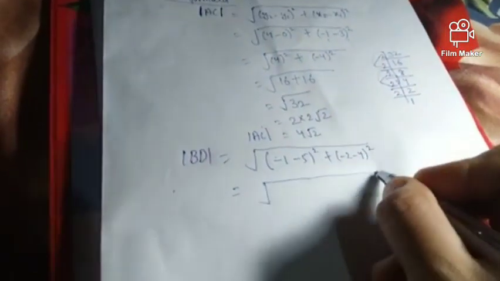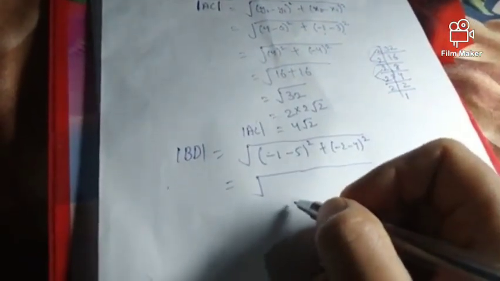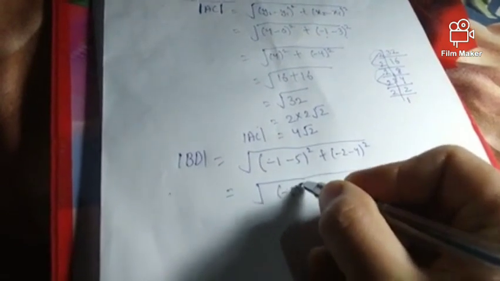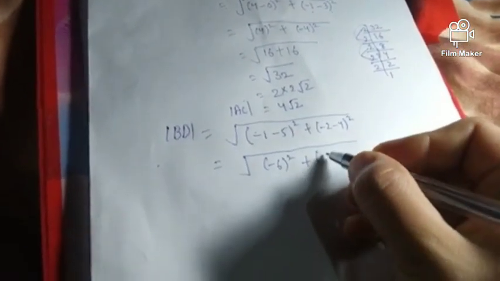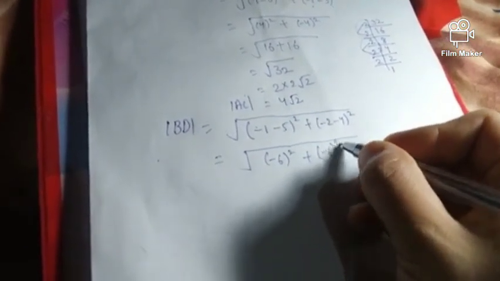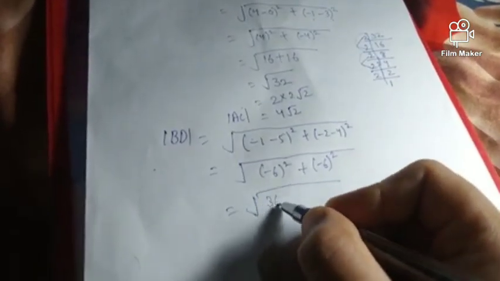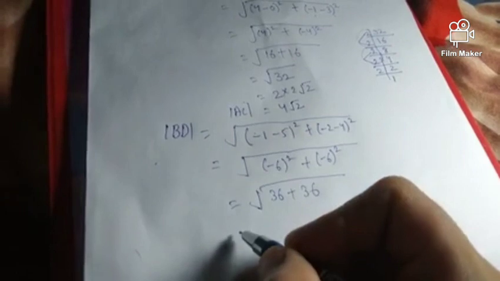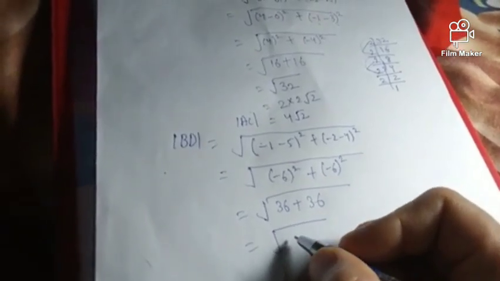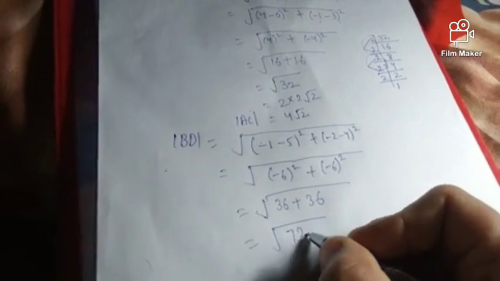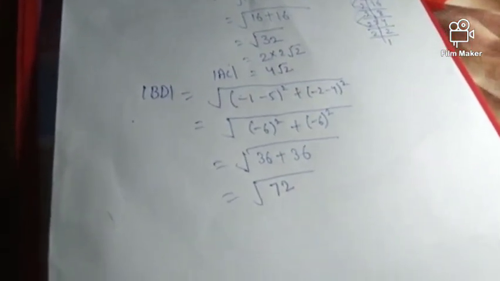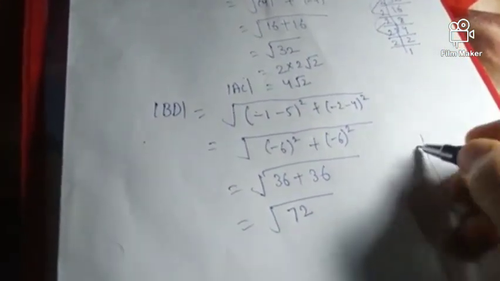This will become root of minus 1 minus 5 will become minus 6 square, minus 2 minus 4 will become minus 6 square. It will become 36 plus 36, which will become 72. Clear?